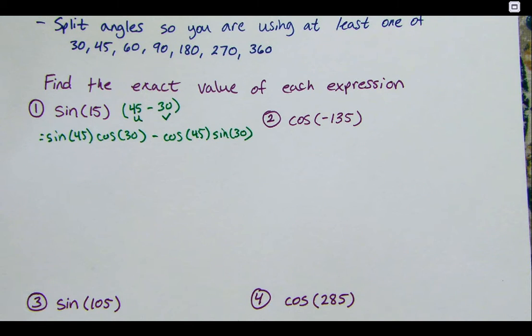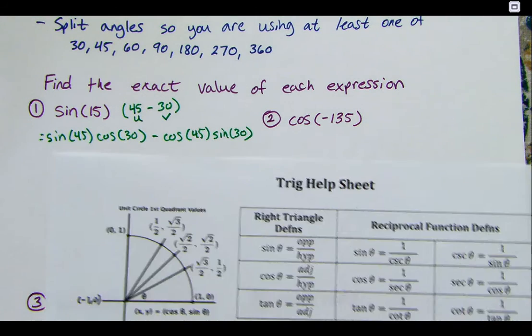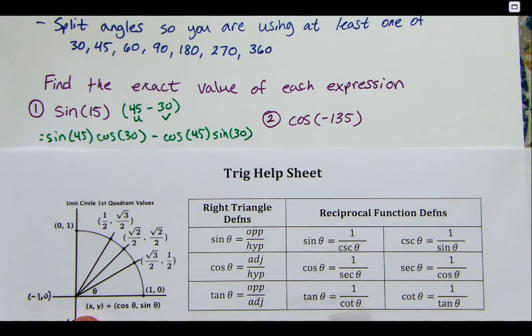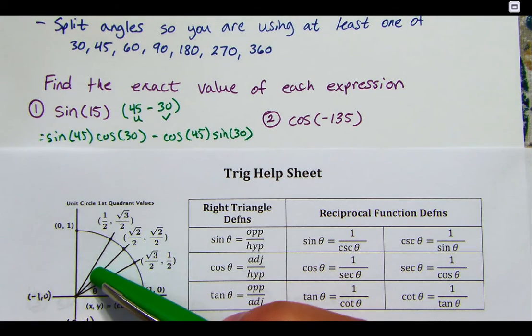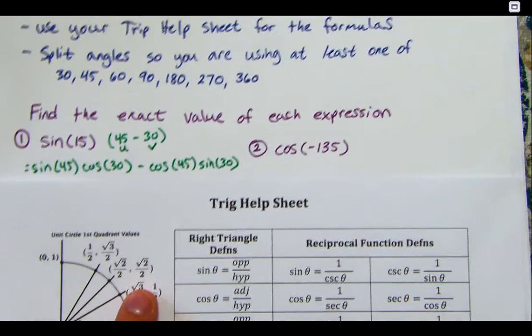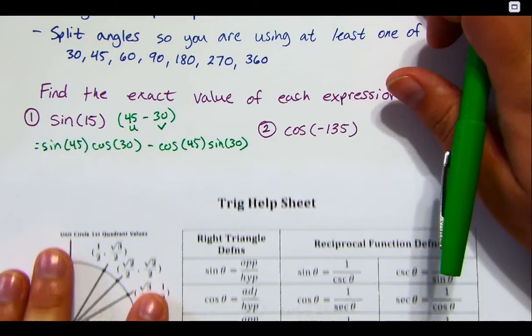And now I'm going up to this section and I'm plugging in these values. So for the sine of 45, that is this middle bar right here, and it's the y value. So that is going to be the square root of 2 over 2.